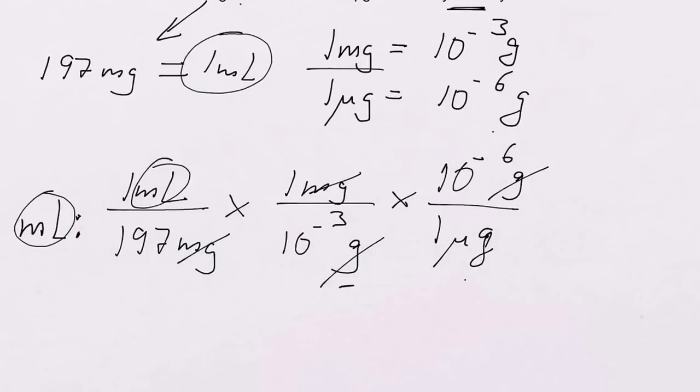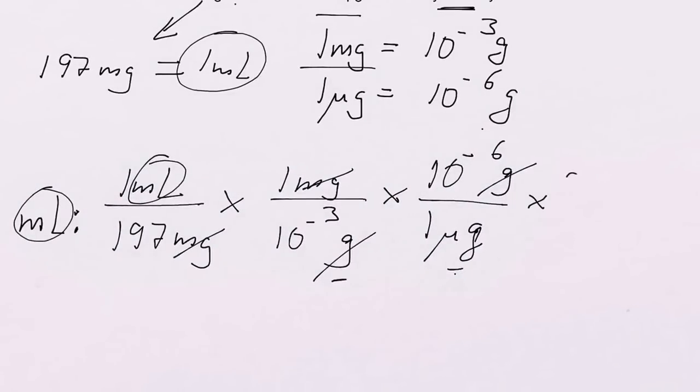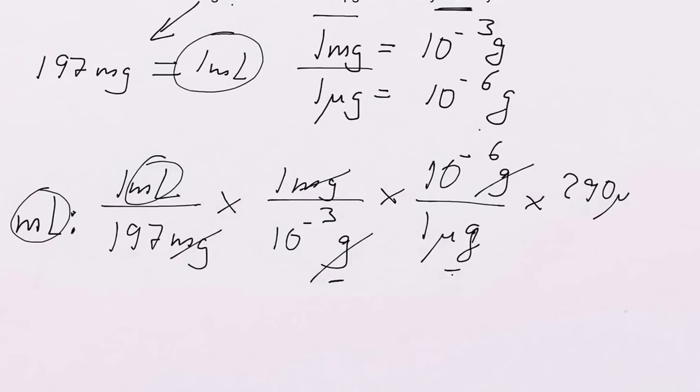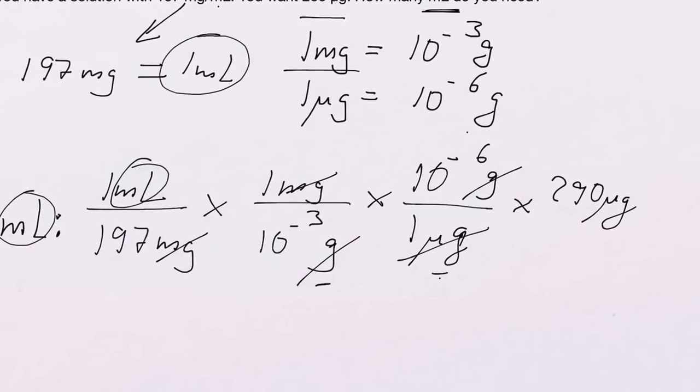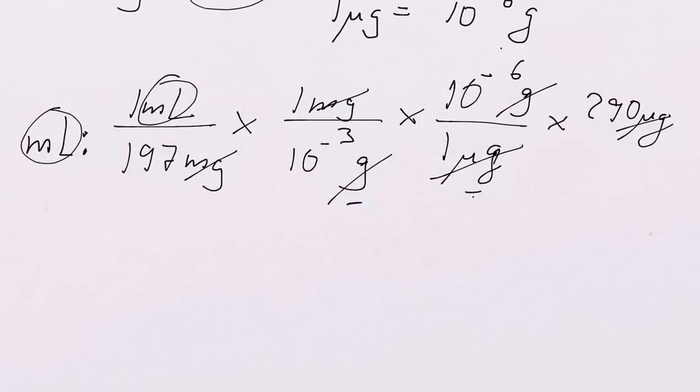We just have to deal with the micrograms here. Do we have any micrograms anywhere? Yes, we've got it up here. So we've got 290 micrograms. And we see that the micrograms cancel out. So let's write this together.